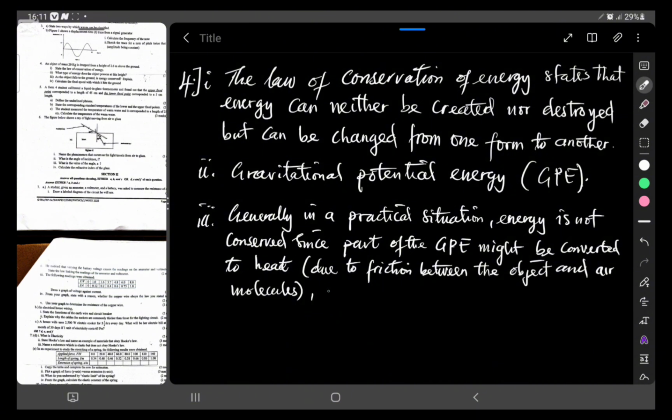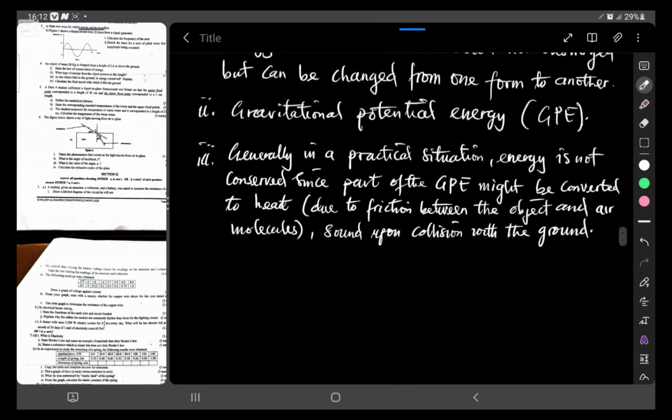Also, we have sound upon collision with the ground. So theoretically, we assume that it is conserved, but in a particular situation, energy is not conserved.